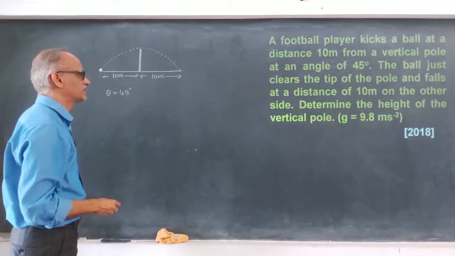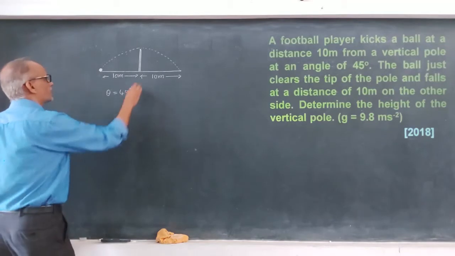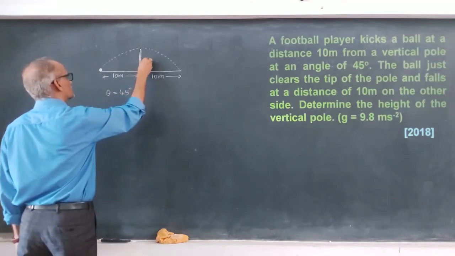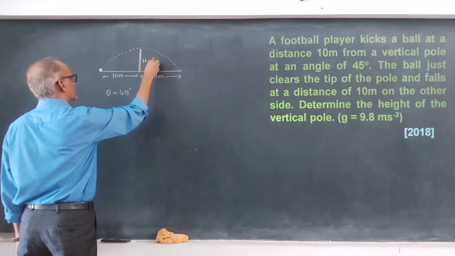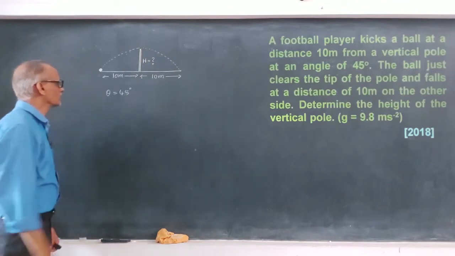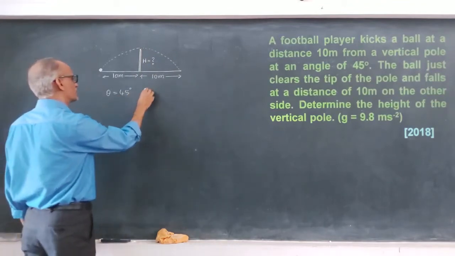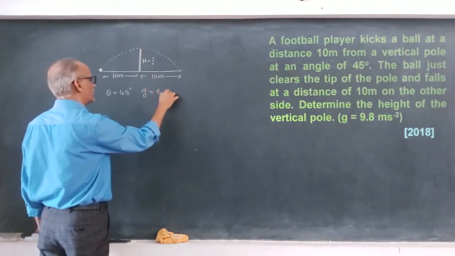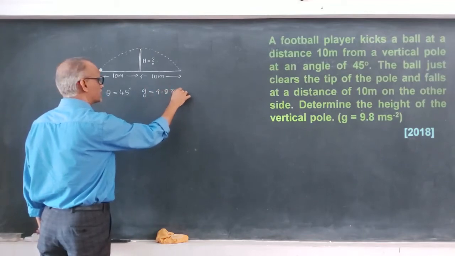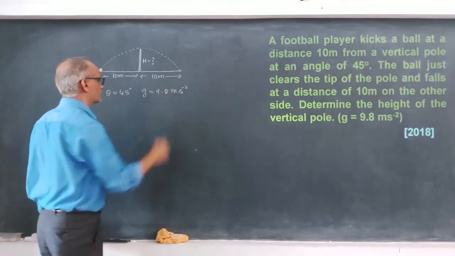So determine the height of the vertical pole. So we have to find h. What is the value of this h? Theta is given, the value of g is also given, which is 9.8 meter per second square.